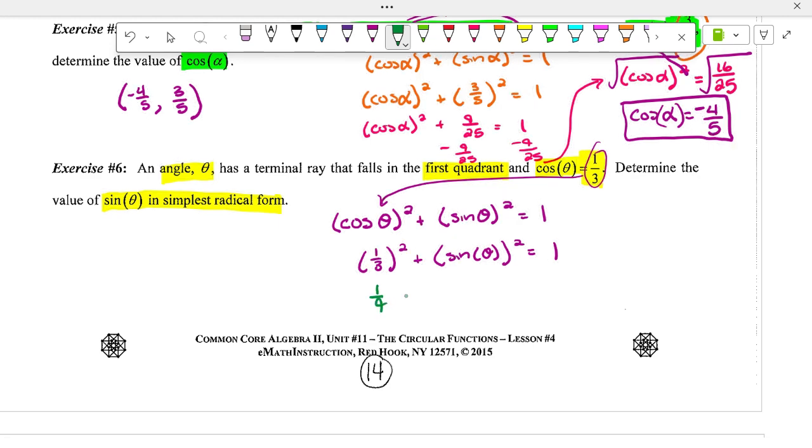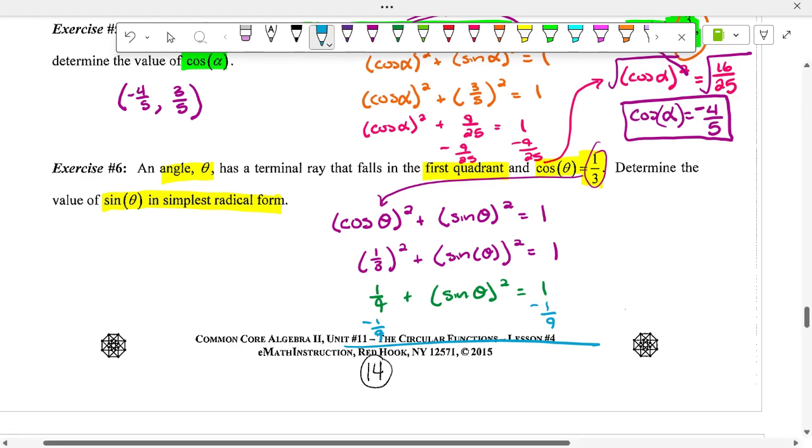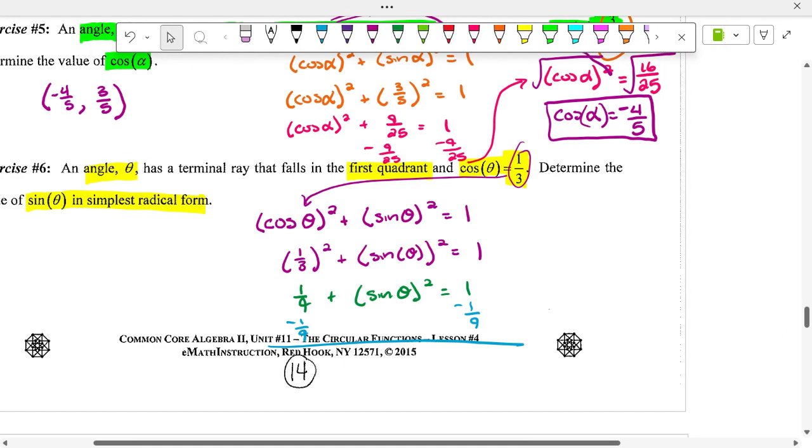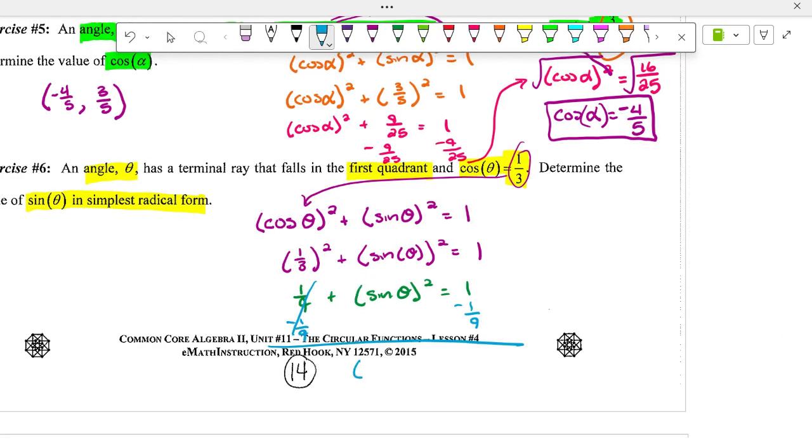So I have 1/9 plus sine of theta squared is equal to 1. So how do I get sine of theta squared by itself on one side? Subtract the 1/9 to the other side. So if I subtract 1/9 as a fraction from the other side, what would that leave me with? So I have sine of theta squared. And then what's 1 minus 1/9? 8/9.